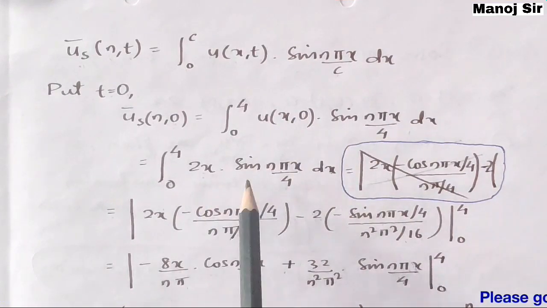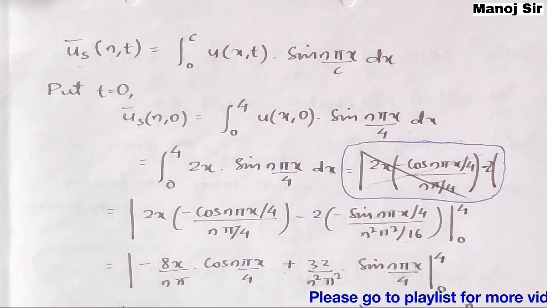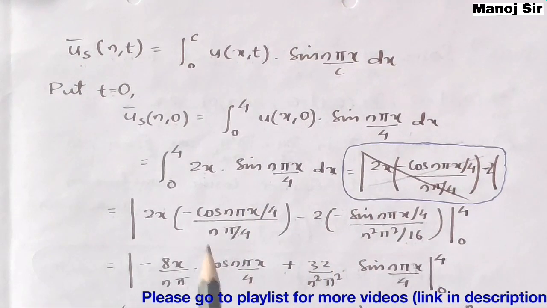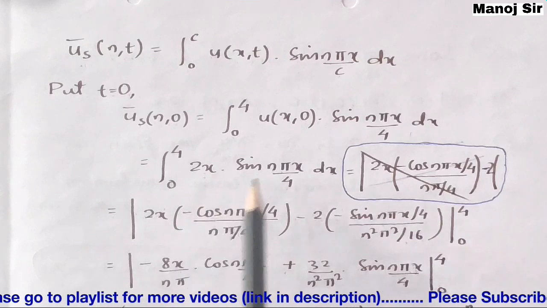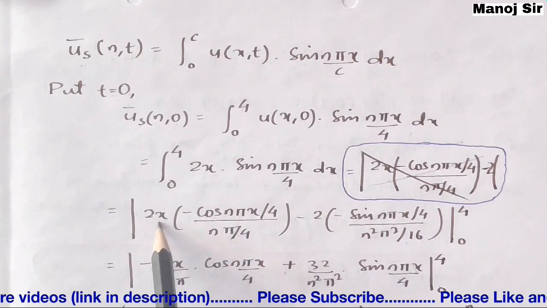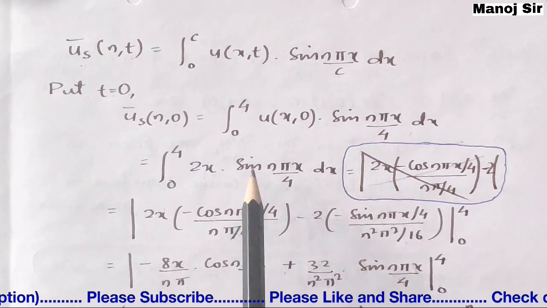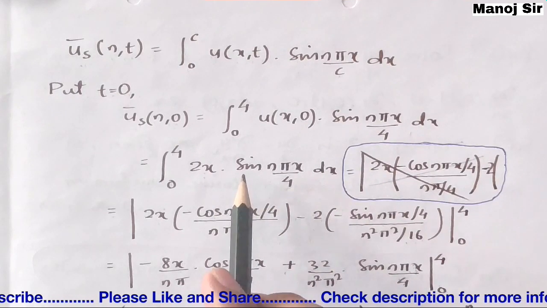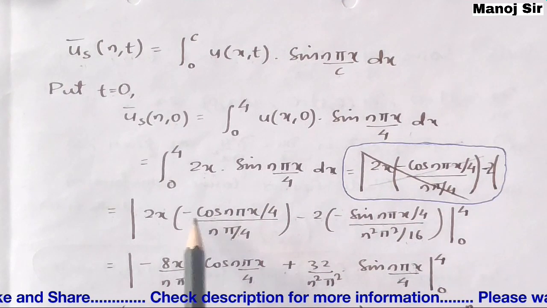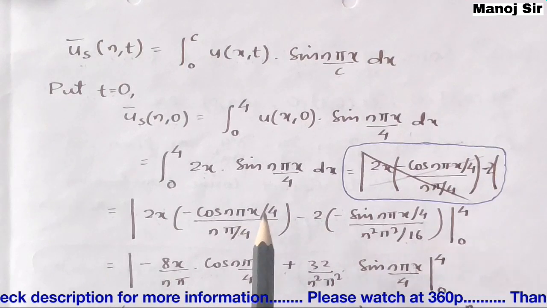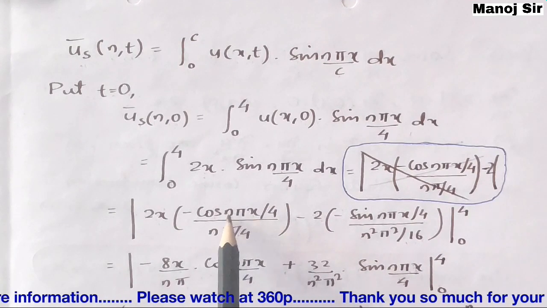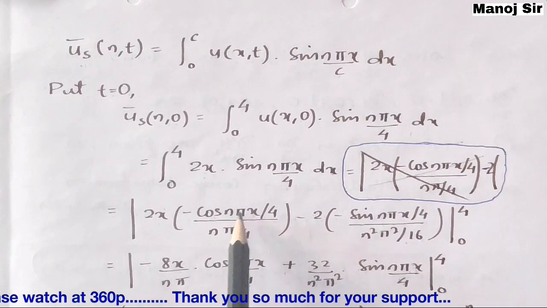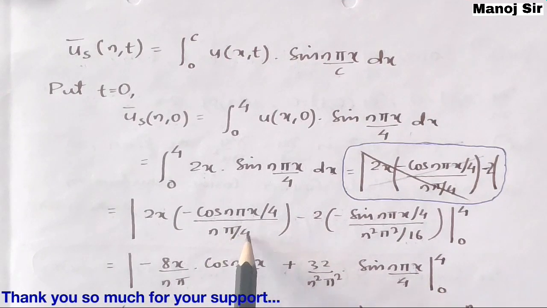Now simply integrate this part by using the chain rule, which is very easy, I believe. This is the first function and this is the second function. First function as it is, integration of the second function, integration of sine will become minus cos. So minus cos n pi x upon 4, and the coefficient of x is n pi upon 4, so simply write n pi upon 4 in the denominator.